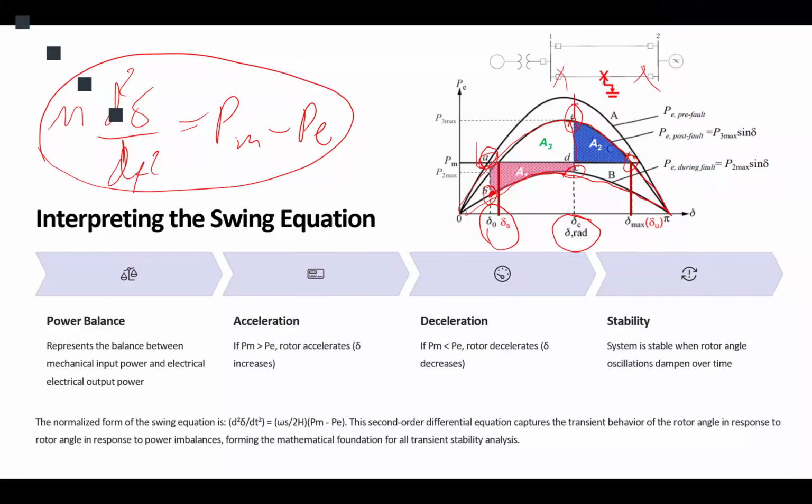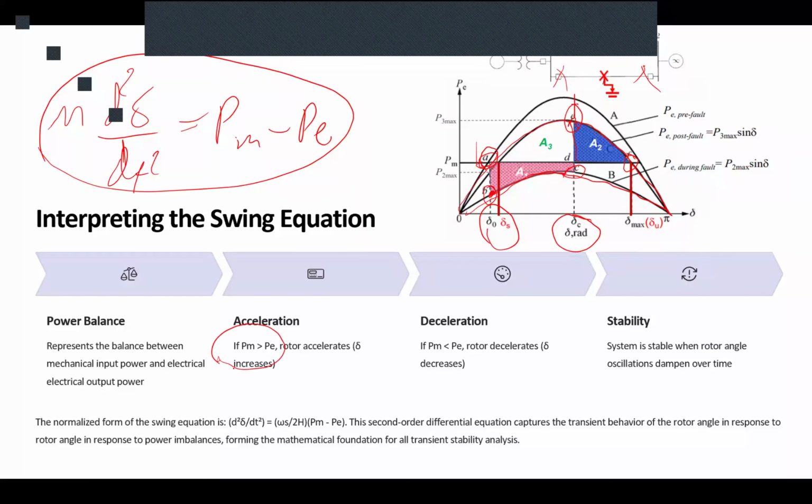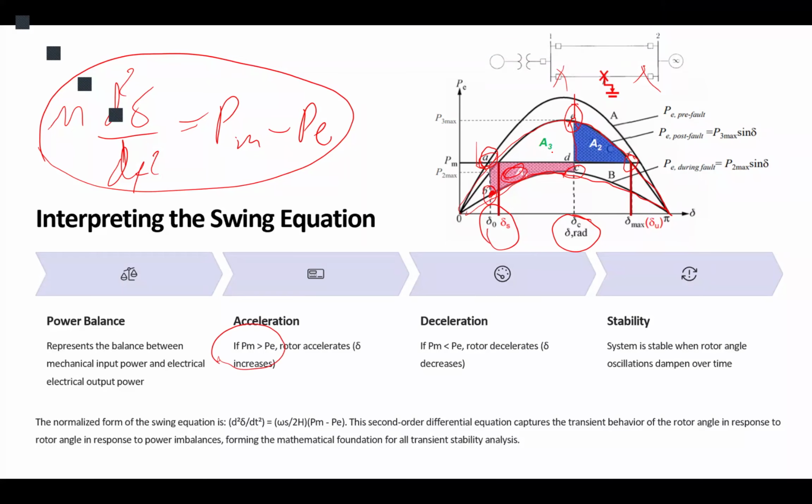Now, when PM is higher than PE, like this part, A1, we call it an acceleration period, because on that part the model wants to increase the delta, so it would reduce the difference between PM and PE.